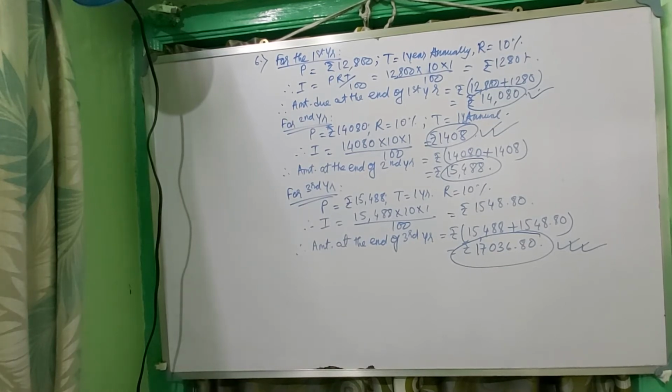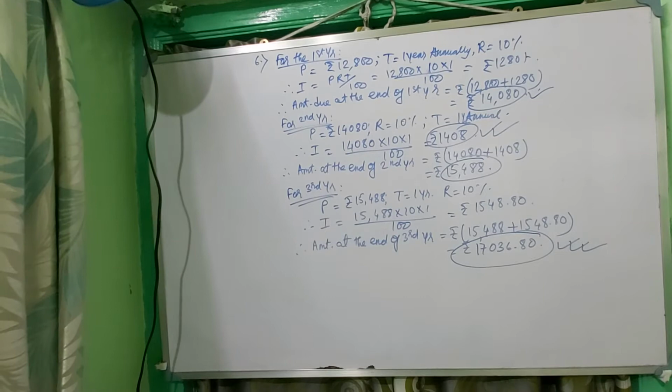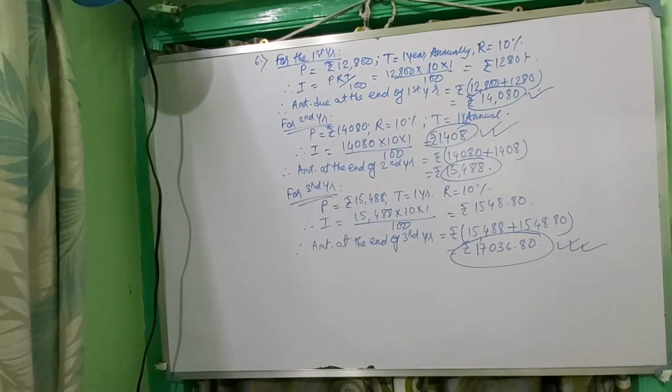Next, come to sum number 8, which is also homework. A man borrows rupees 5,000 at 12% compound interest per annum, with interest payable every 6 months.